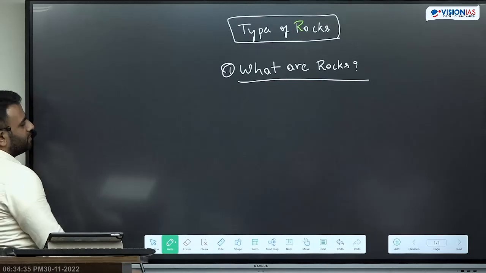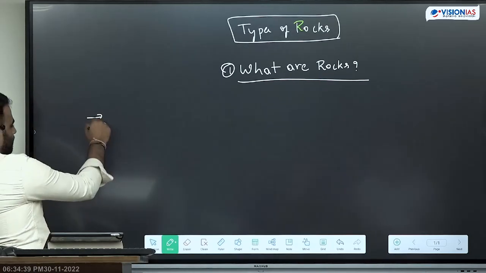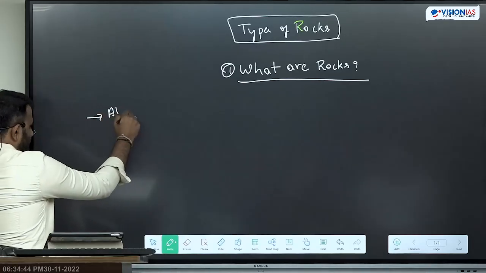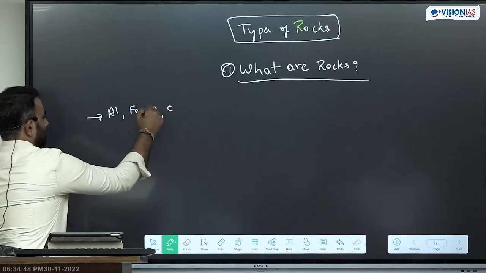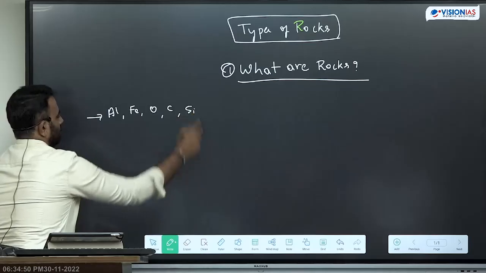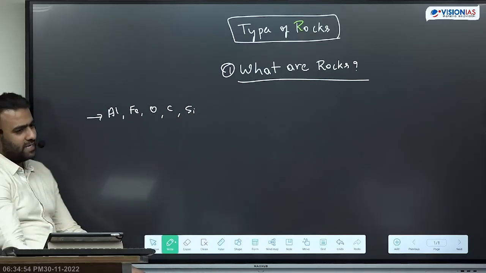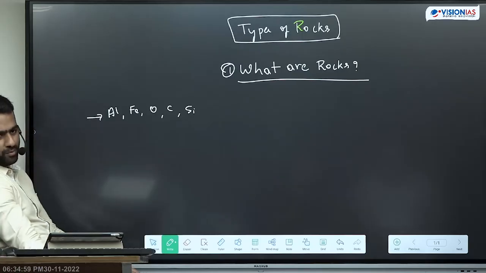On the surface of earth, they occur as compounds. Elements, for example, aluminium, iron, oxygen, carbon, silicon. These are elements. They don't exist in its purest form. They are not very stable in its purest form. They form compounds.